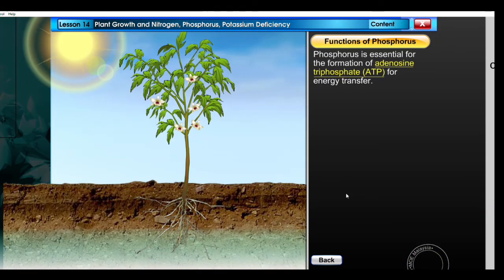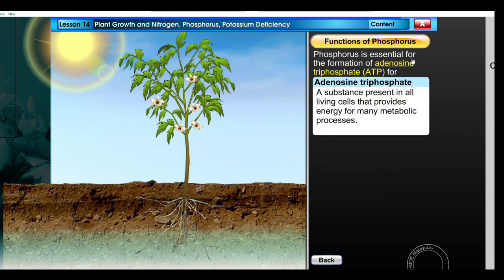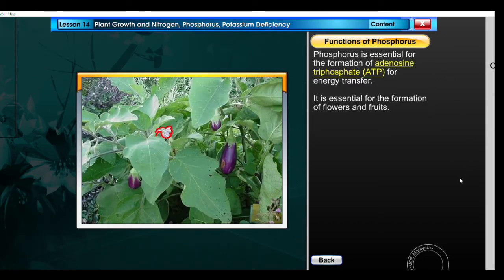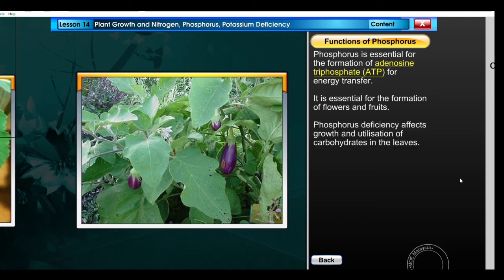Phosphorus is essential for the formation of adenosine triphosphate, ATP, for energy transfer. It is essential for the formation of flowers and fruits. Phosphorus deficiency affects growth and utilization of carbohydrates in the leaves.